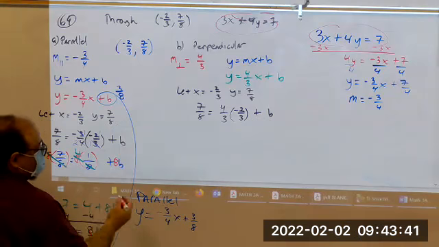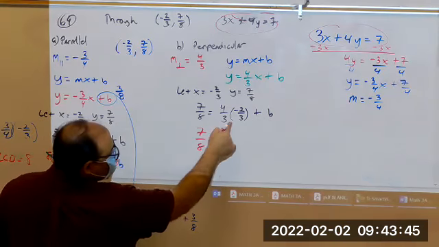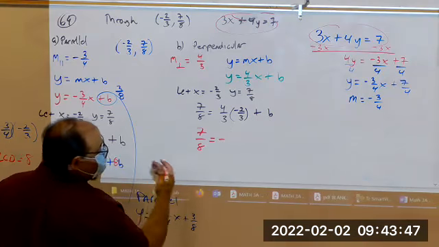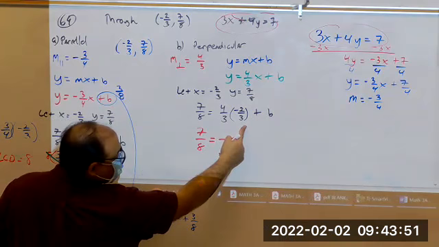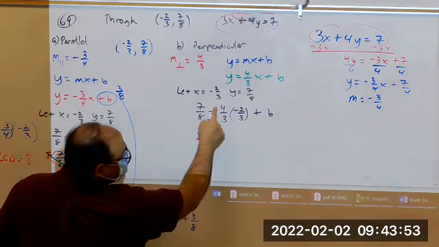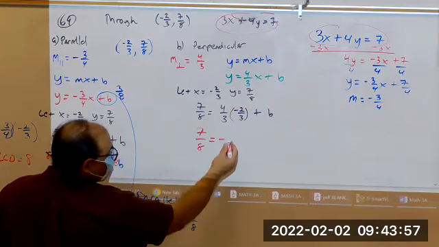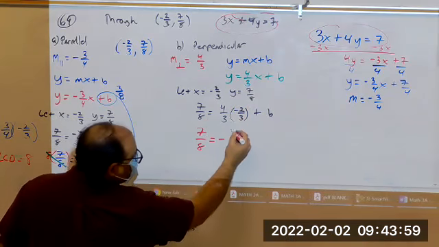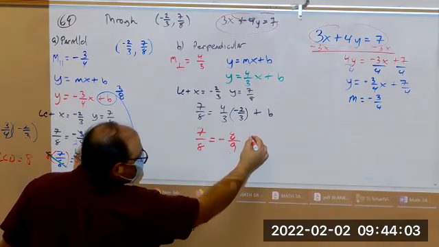So the difference here: positive times a negative, that's a negative. The difference here is nothing reduces. 3 does not go into 4 or 2. So you just multiply straight across. 4 times 2, so we get negative 8 over 3 times 3 is 9.